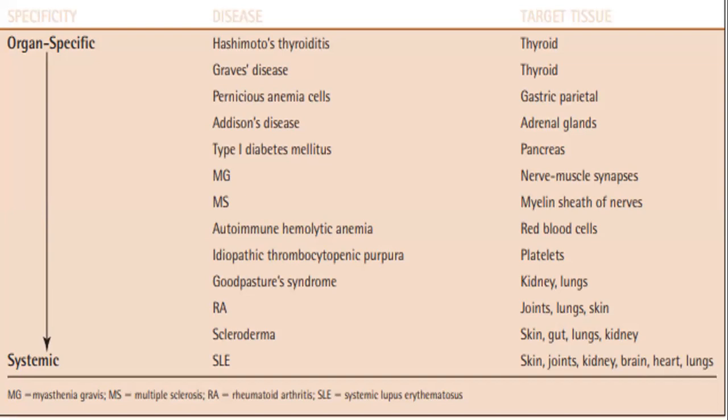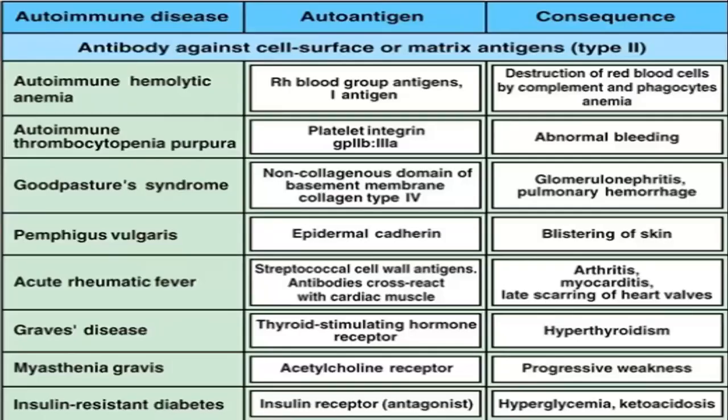For example, systemic lupus erythematosus, in complicated cases, may involve the skin, joints, kidney, brain, heart, and lungs. Whereas for organ-specific, we have Hashimoto's and Graves' disease, which affect the thyroid, pernicious anemia affecting the stomach, particularly the parietal cells, Addison's affecting the adrenal glands, and so on.